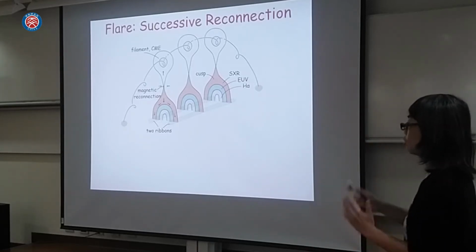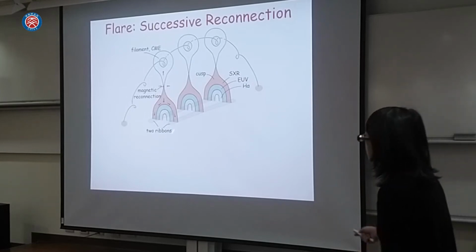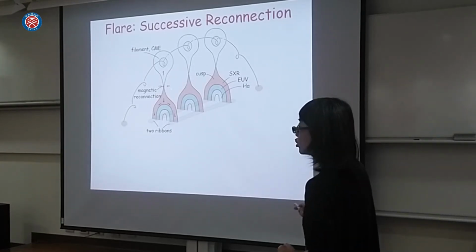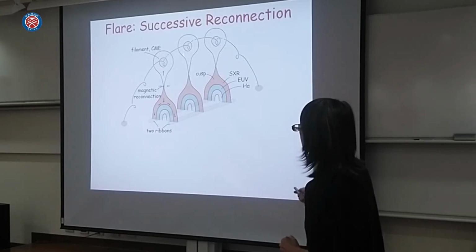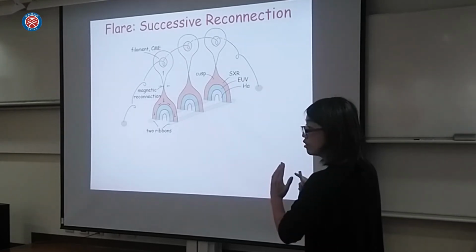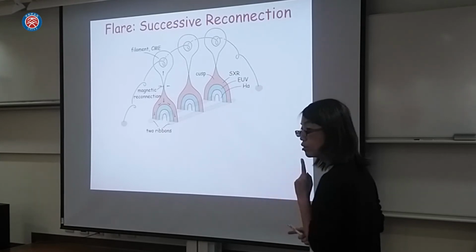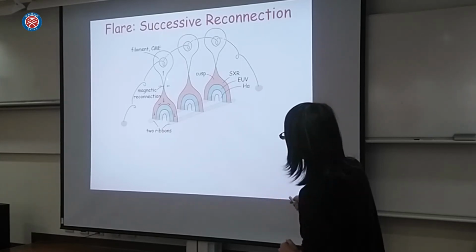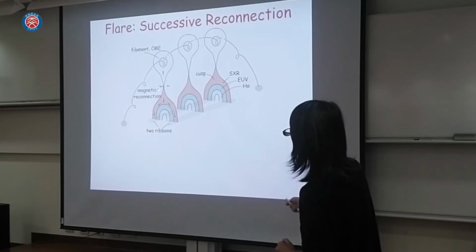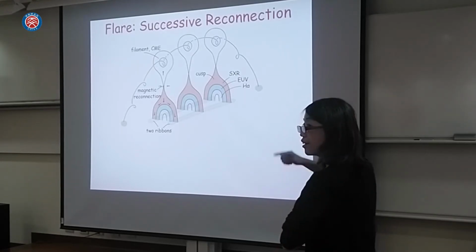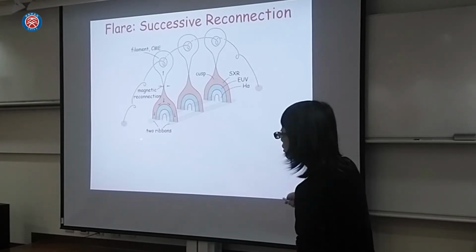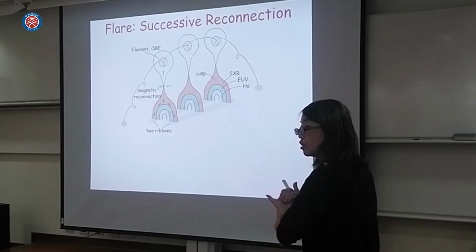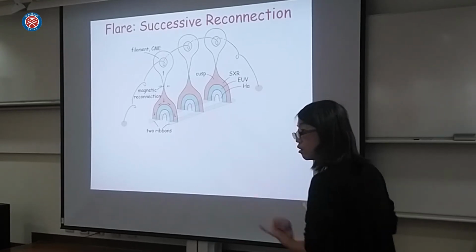But as time goes by, reconnection should occur in the outer magnetic field, so the cusp height should get higher and higher, and the two ribbons should move farther and farther apart.